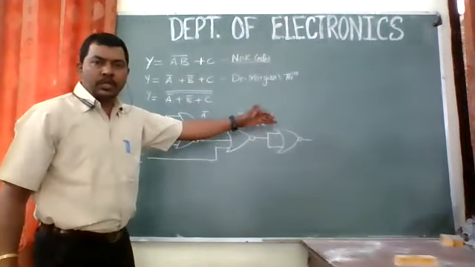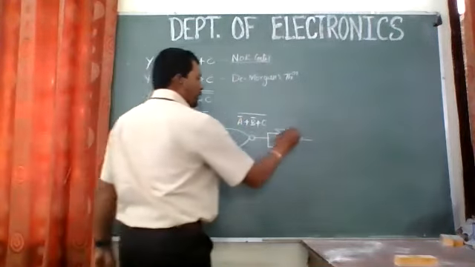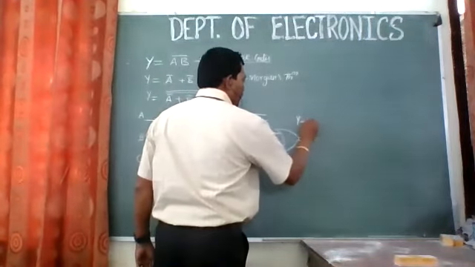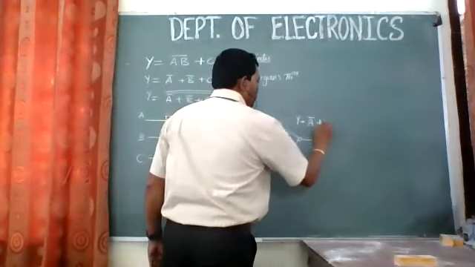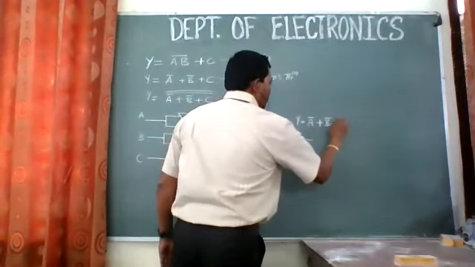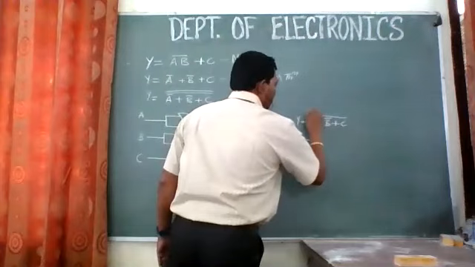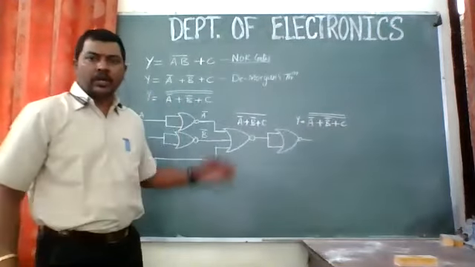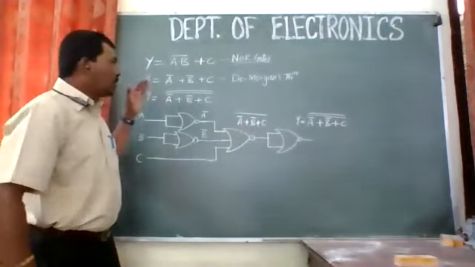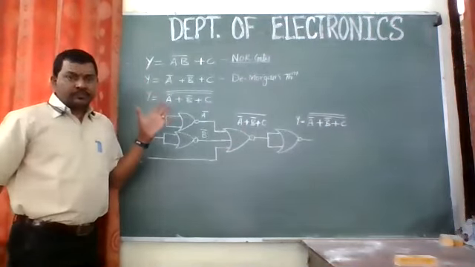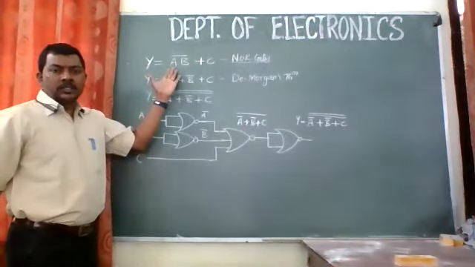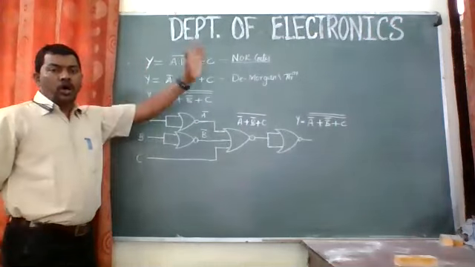After that, we will be putting another NOT gate, and we will be getting the whole equation, that is y equals A complement plus B complement plus C whole complement and the other complement. So we are having two complements of it. This is how we are expected to implement this circuit by using NOR gate only.